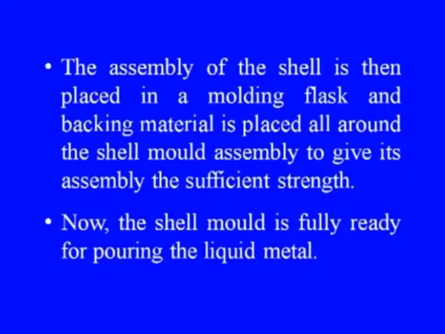Two halves of the cells prepared are placed together after inserting the core, if any, to make the assembly of the mold. The assembly of the cell is then placed in a molding flask and backing material is placed all around the cell to give its assembly sufficient strength. Now, the cell mold is fully ready for pouring the liquid metal.